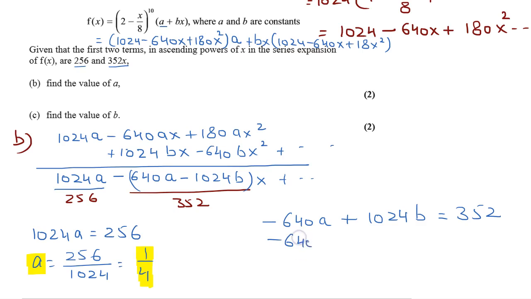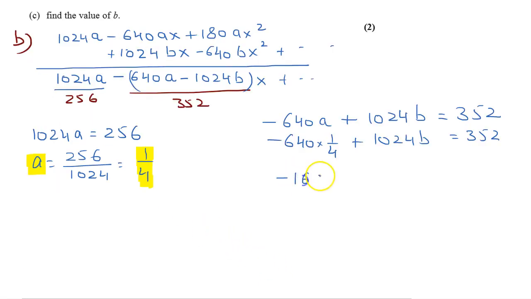Minus 640, a is 1 over 4, plus 1024b is equal to 352. So 640 divided by 4, so minus 160 plus 1024b is equal to 352.